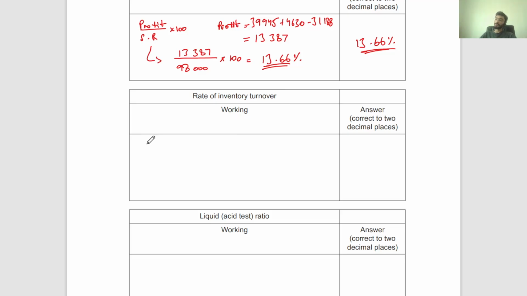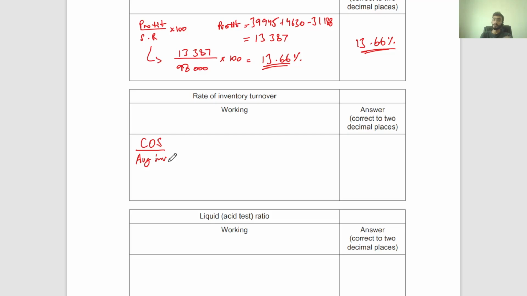When you have to calculate inventory turnover, you take cost of sales over average inventory. If you look it up on Google, you will find different methods, but this is the one you have to follow according to your syllabus.